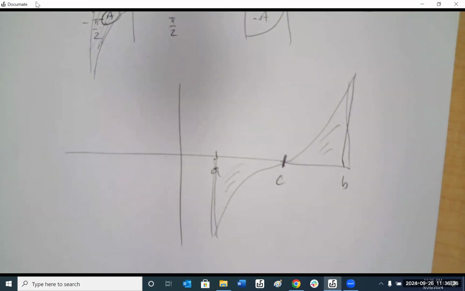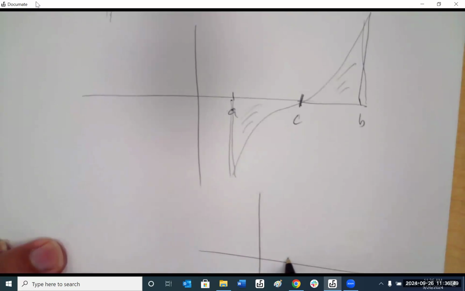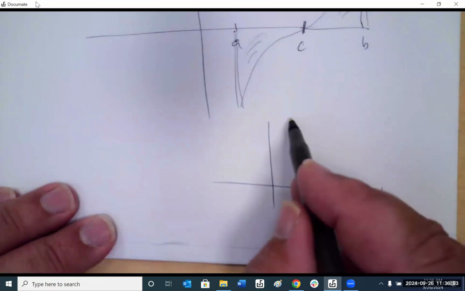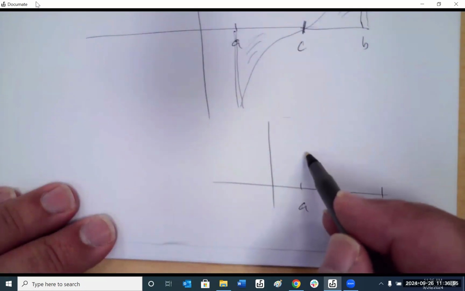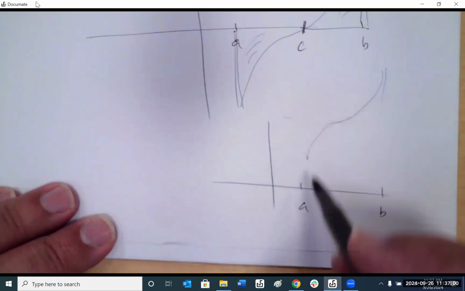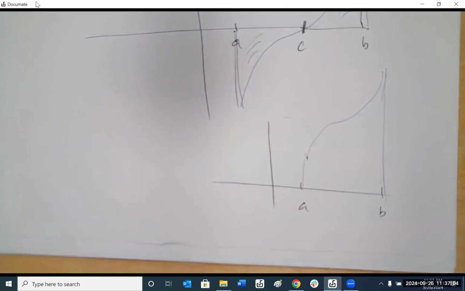But okay, now, if we translate or transform our functions left or right, not up and down, it has to be left and right. If it's up and down, here's A and here's B, and let's say I shifted it up. Now the areas are all positive.